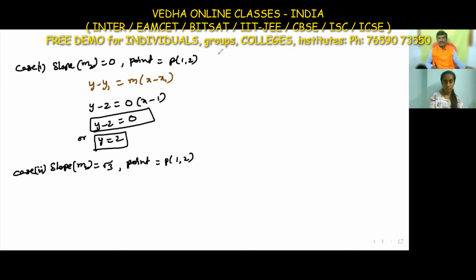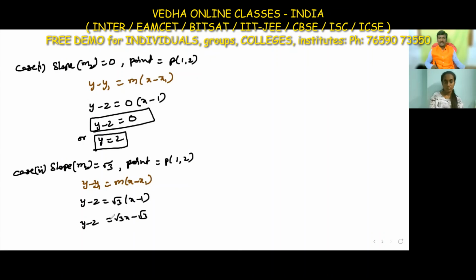Now take the formula: y minus y1 is equal to m into x minus x1. Now y minus 2 is equal to root 3 into x minus x1, root 3x minus root 3.